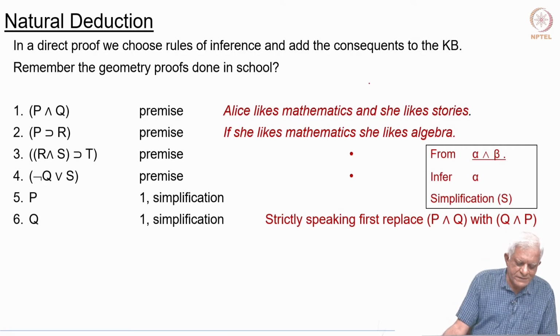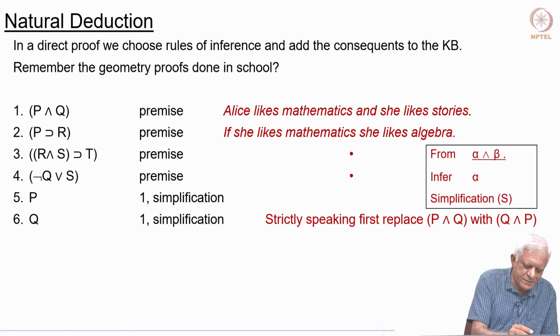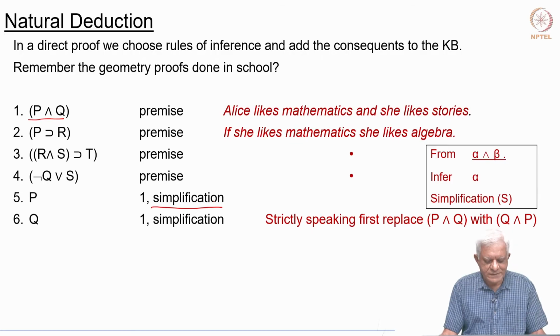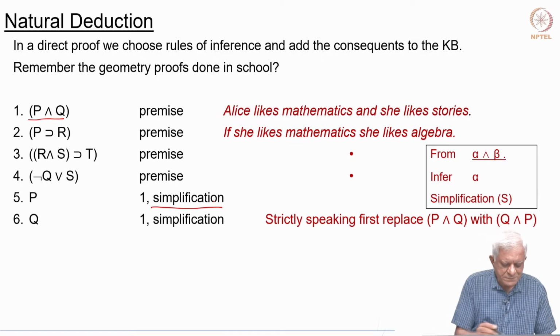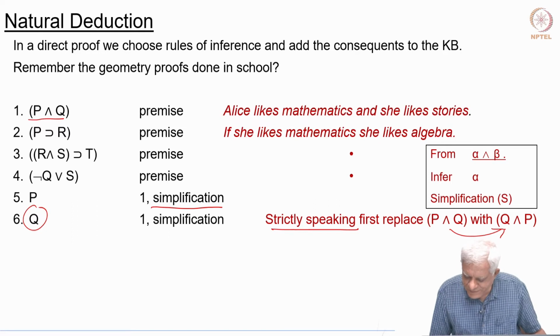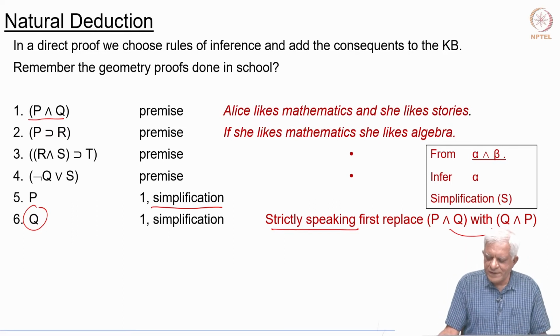First we simplify: we take this formula P and Q and say we can get P and we can get Q out of it, and that is a rule of simplification that we had studied essentially. Now, to get Q, strictly speaking, we must first replace P and Q with Q and P, because the rule that we wrote said that the first element in the conjunction is something that you can infer.